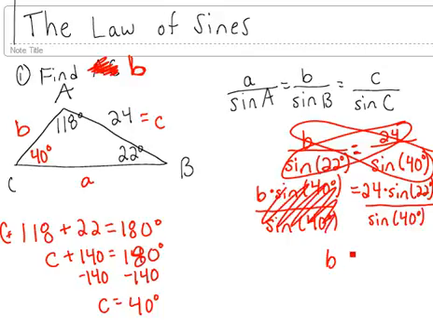So I'm left with b is exactly 24 times the sine of 22 degrees divided by the sine of 40 degrees. But I'm asked to estimate this to the nearest tenth, so I'm just going to plug this in my calculator. So somebody plug it in your calculator for me.